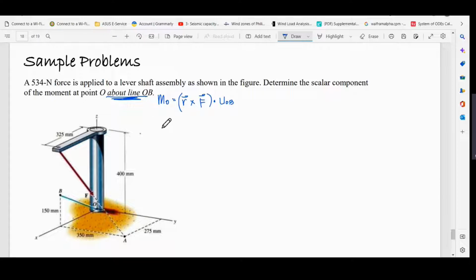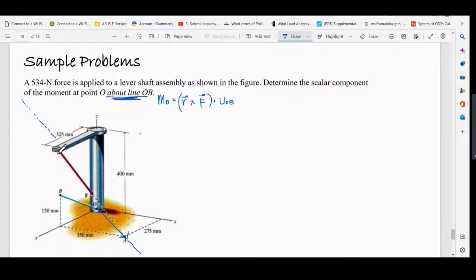Okay, so unahin natin yung ating position vector R. The position vector R, sabi natin kanina, it must coincide with the line of action, di ba? Anywhere at the line of action of our force F. So, ito yung line of action ng ating force F. So, dito, pwede tayong maglagay ng position vector dito sa point A. Ayan.